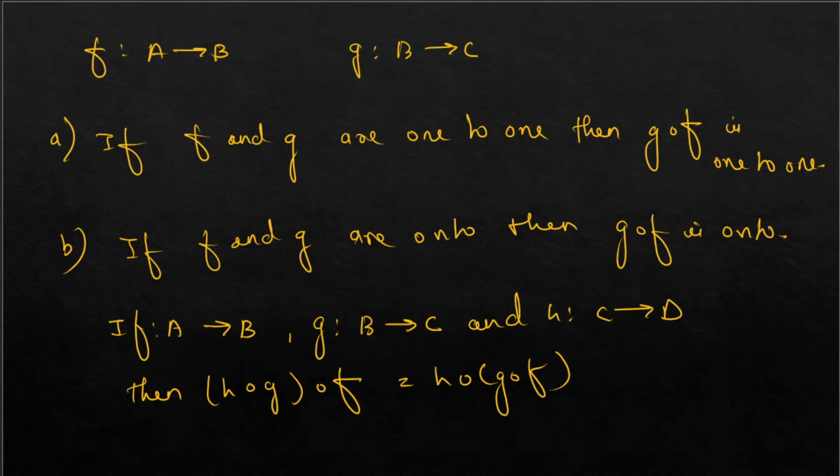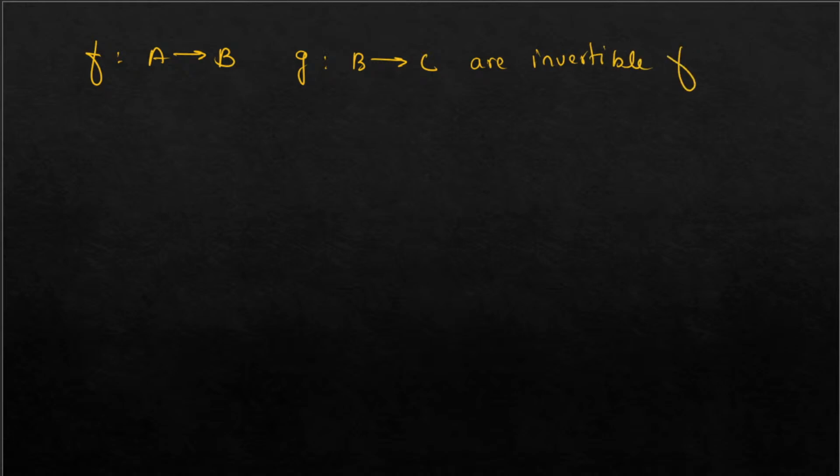Okay, so let's see the next one. So if f and g are invertible functions, that means the inverse exists.